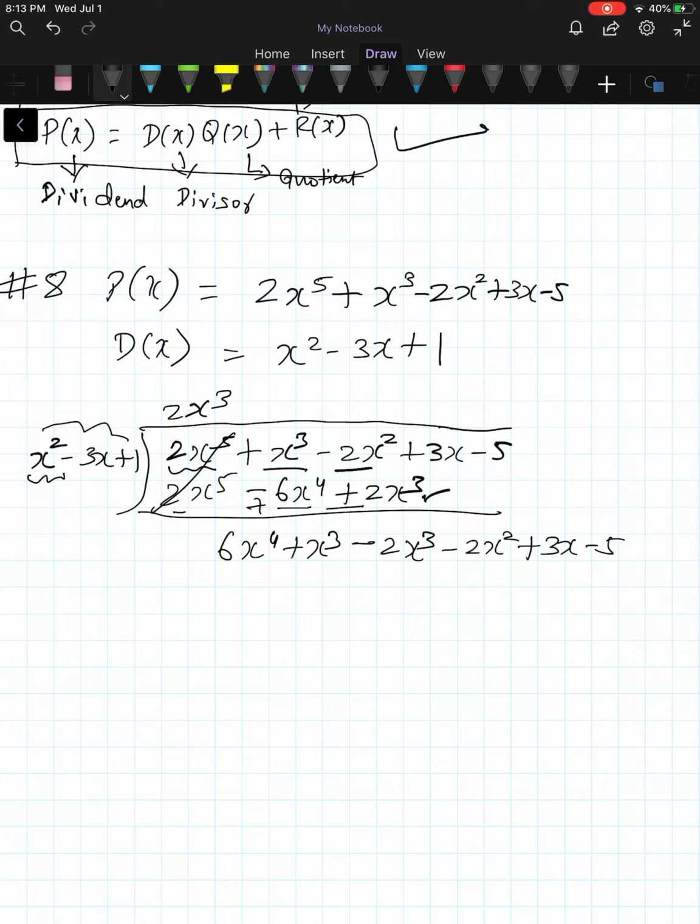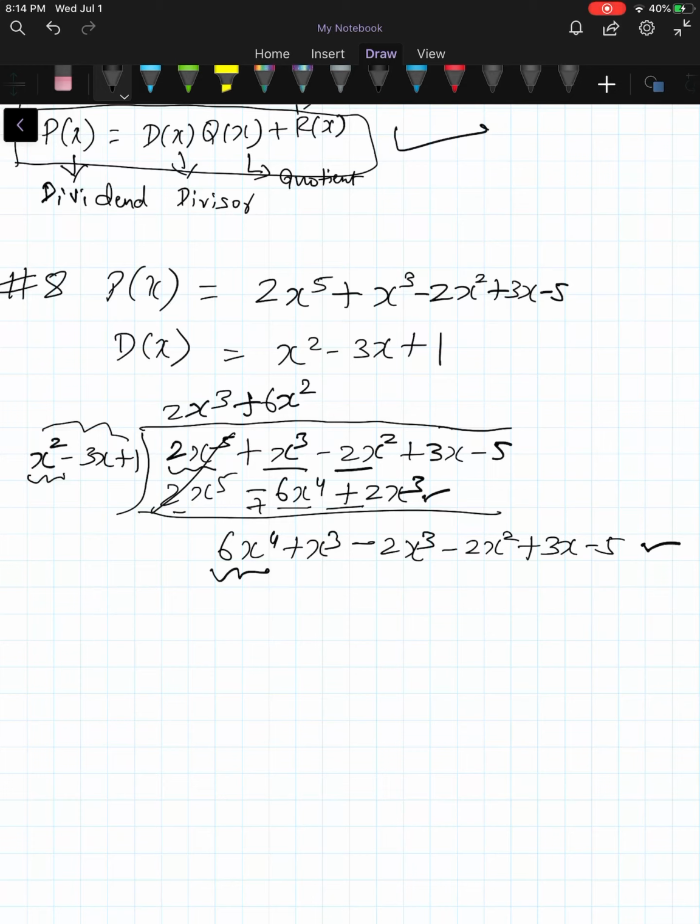Now do the same process again. Which number should you multiply with x square to get 6x to the power of 4? We should multiply it by 6x square, right? So plus 6x square in the quotient, and multiply 6x square with all the terms of the divisor and write the polynomial you get below.